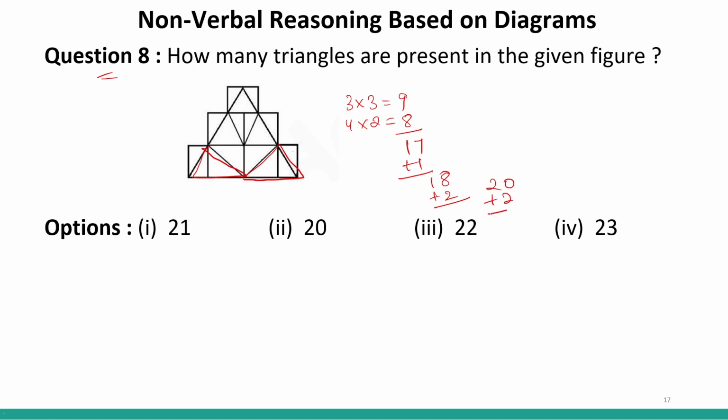So plus 2 gives me 22. Now, if I look over here, this also forms a triangle. Correct? So this gives me plus 1, which is 23. So in total, I have 23 triangles, which is option number 4. So option number 4 will be your correct answer. Okay?